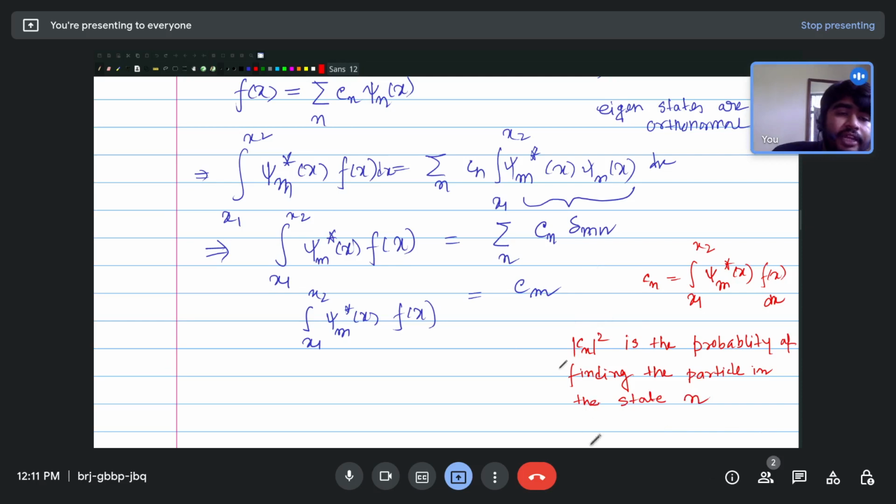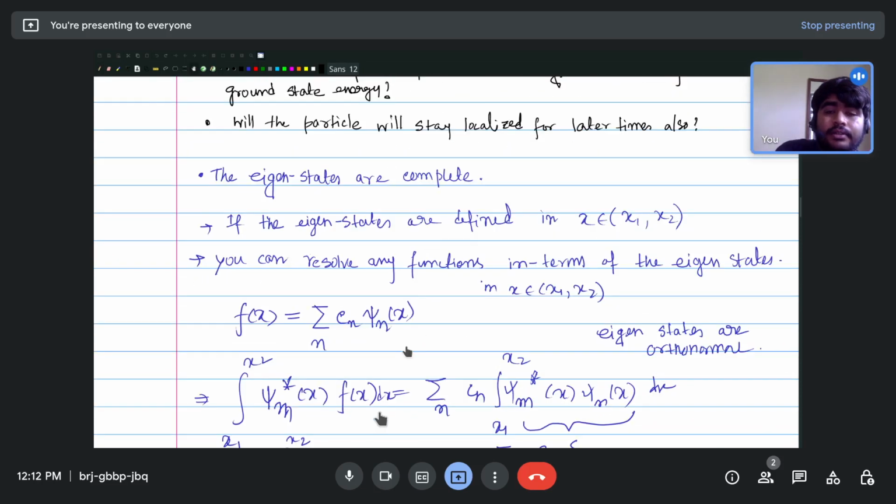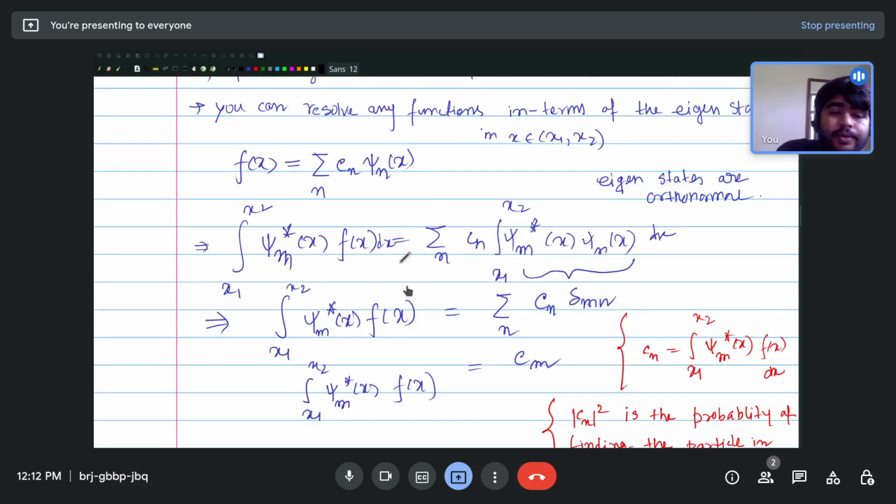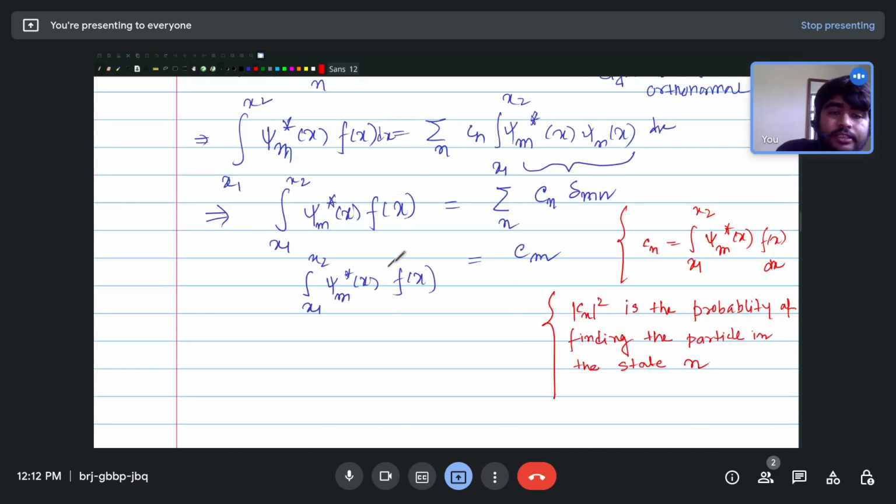So this is a very important principle, and please try to remember this. Okay, so now we can actually jump into the problem after we have understood this part.